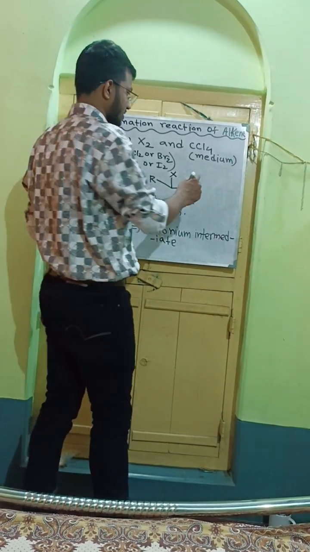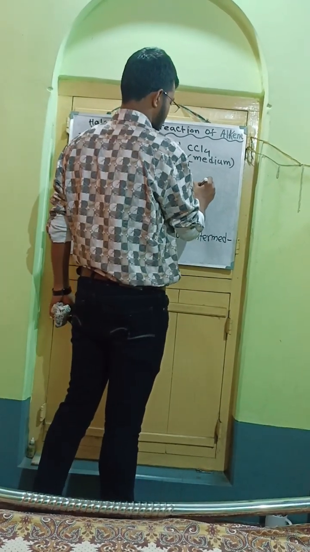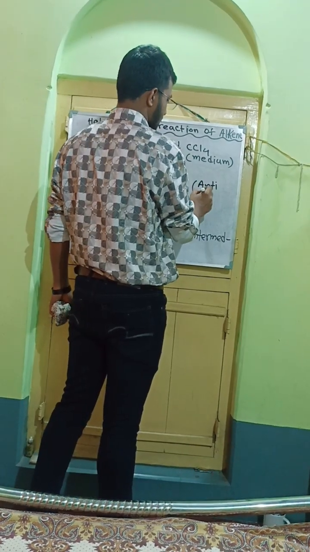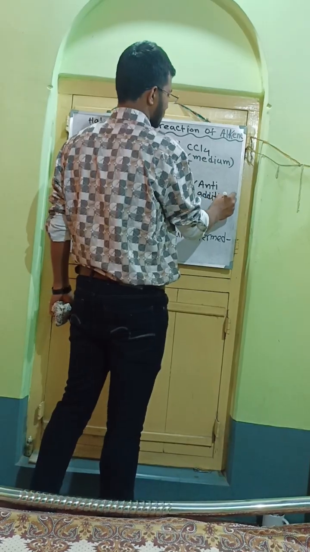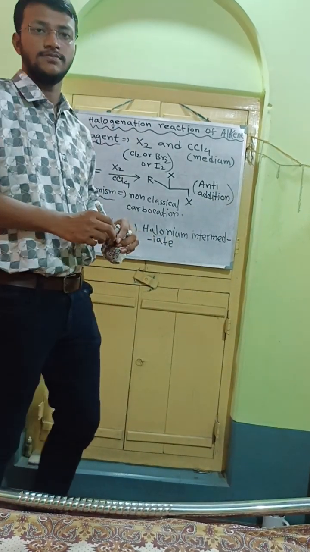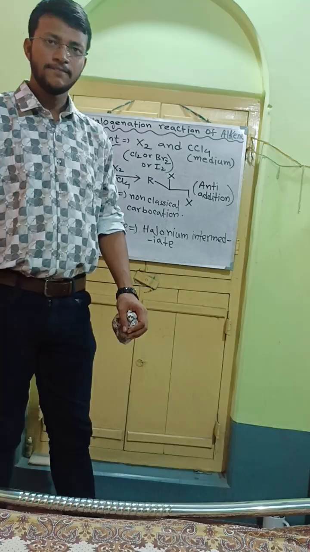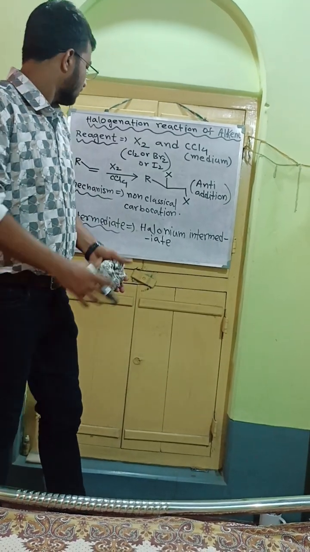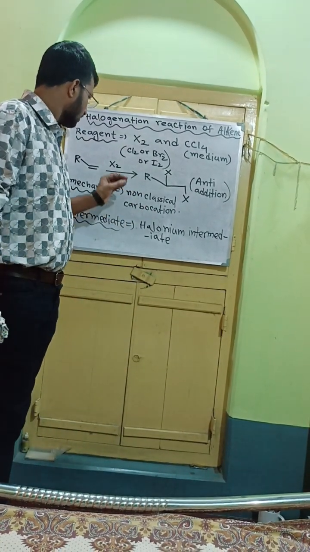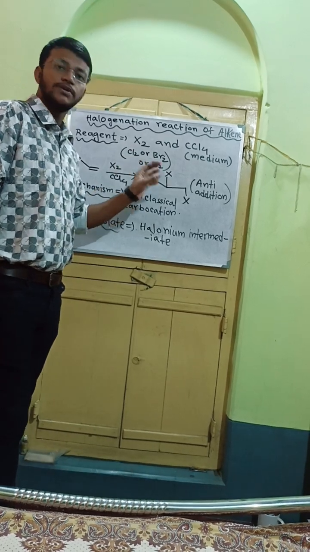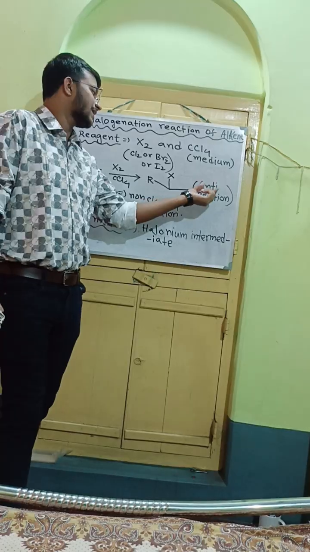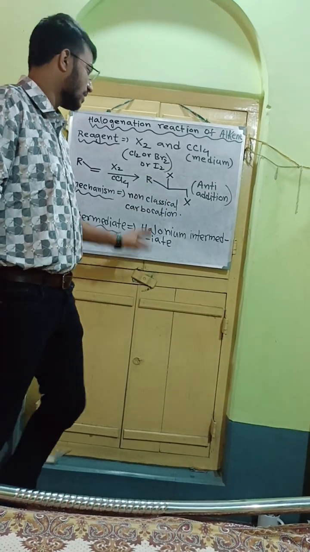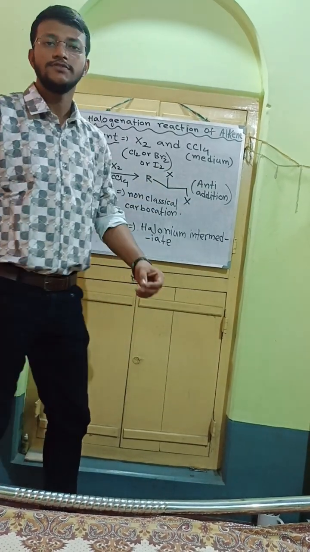And that is anti addition. It is one type of anti-addition reaction. Clear? So we have to go through the proper mechanism so that we can easily understand how this anti-addition product will be formed.